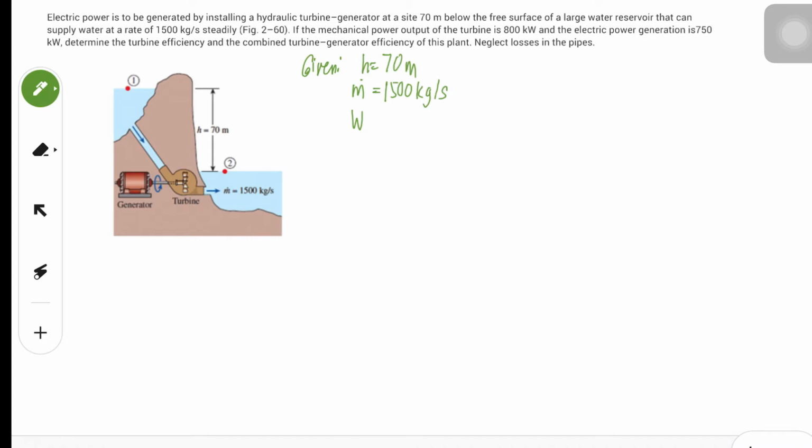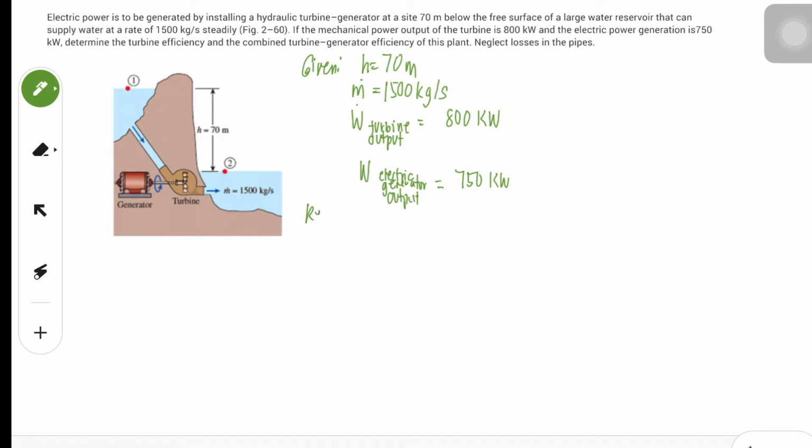This is the work of the turbine, the output, and also we have the power generation from the electric generator. This is also the output, 750 kilowatt.